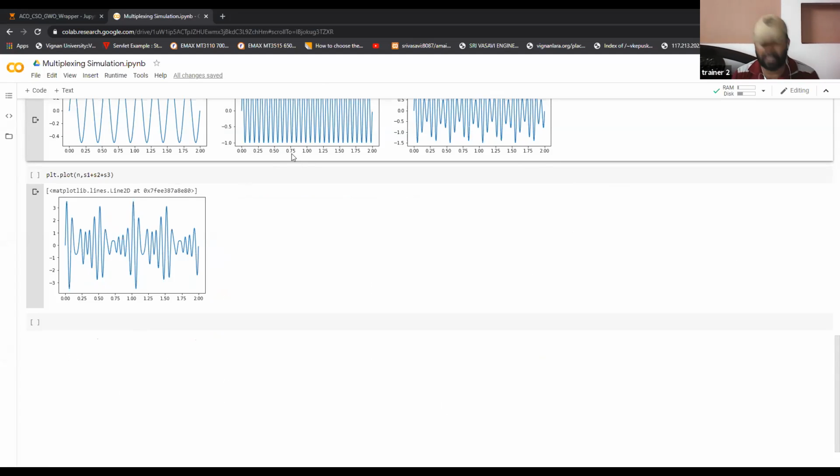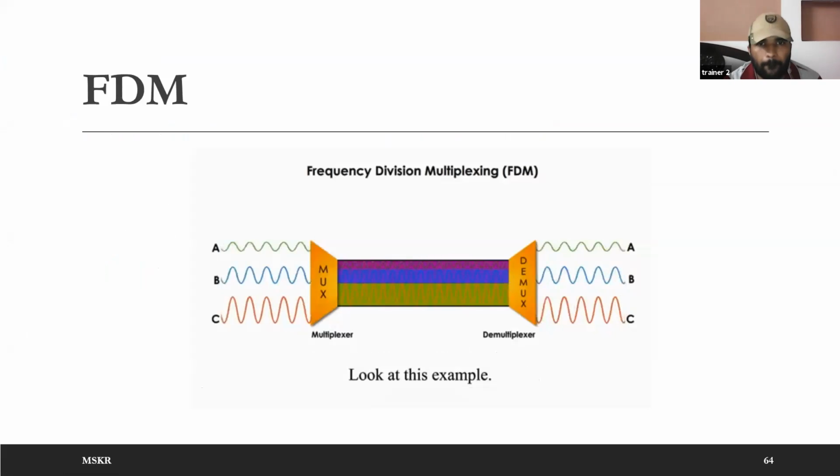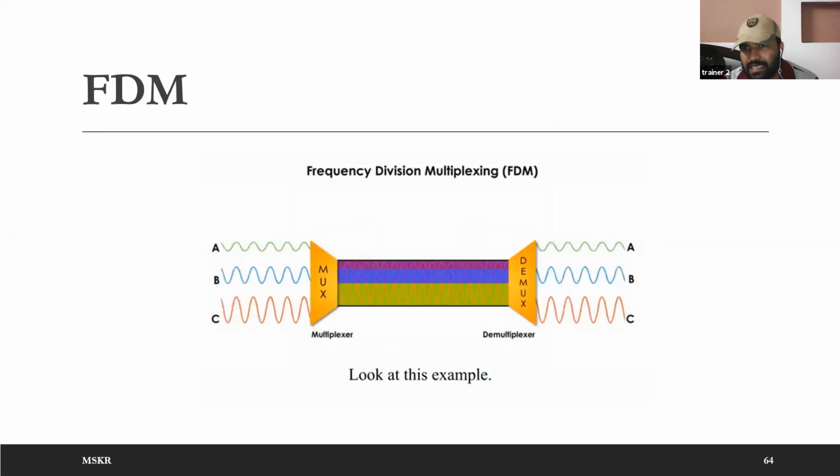So that is what is meant by modulation, demodulation, and multiplexing, demultiplexing with respect to frequency. Okay. So is it clear now about what is happening in FDM? I repeat, is it clear with FDM?